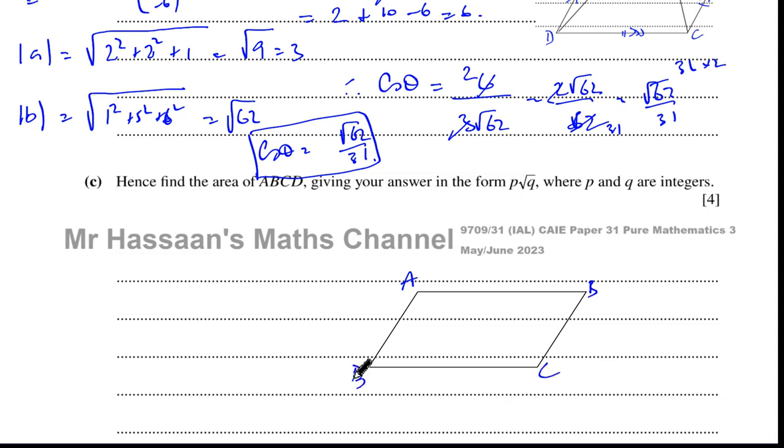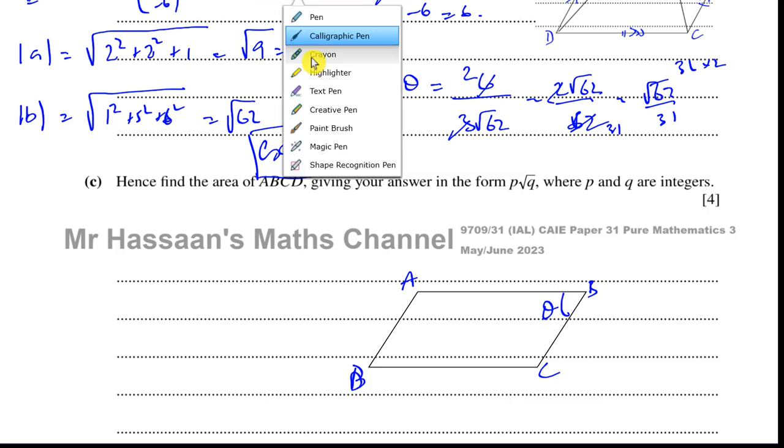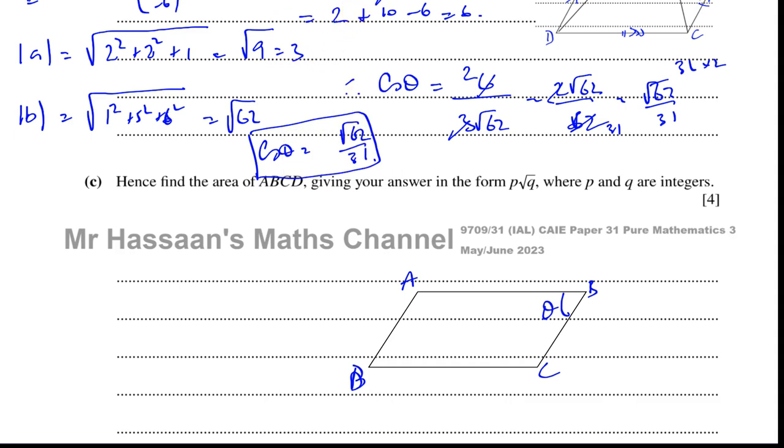ABCD. Okay, I know this angle. I don't know what the angle is, but I know the cosine of this angle. Okay, now you need to be careful about certain things here now. We want to give our answer in exact form, P root Q. So I know that the cosine of theta is equal to root 62 over 31.